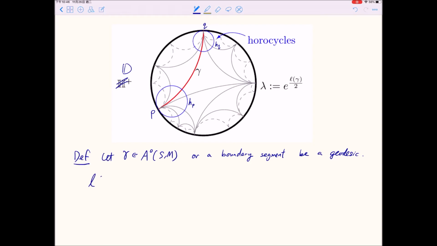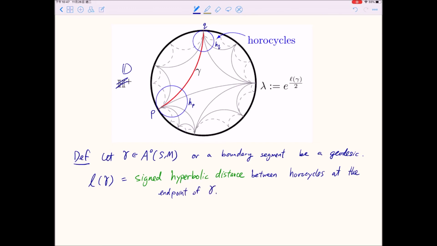Then we define the lambda length of the arc to be the signed hyperbolic distance between the horocycles at the endpoints of gamma.